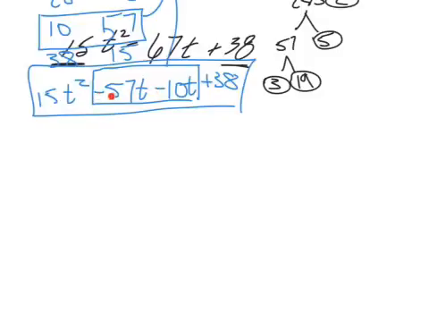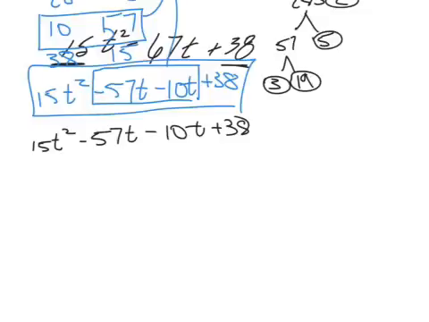So normally I would switch these two around, but this one's a negative 2. So I'm not going to be able to switch these two numbers around to make that one a positive. I'm stuck with that. So 15t squared minus 57t minus 10t plus 38.